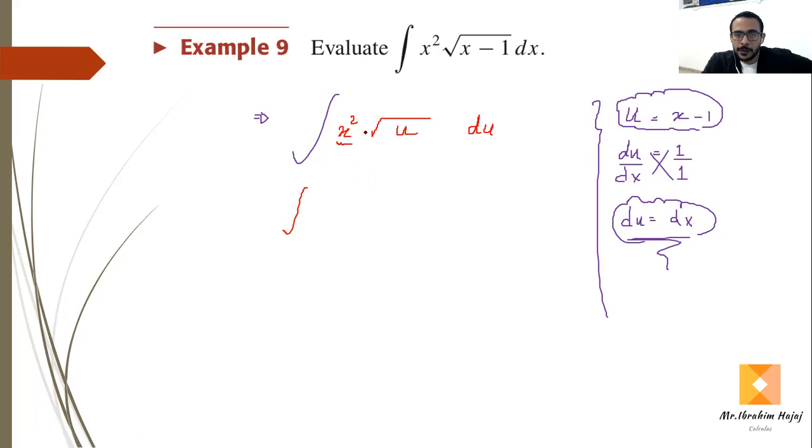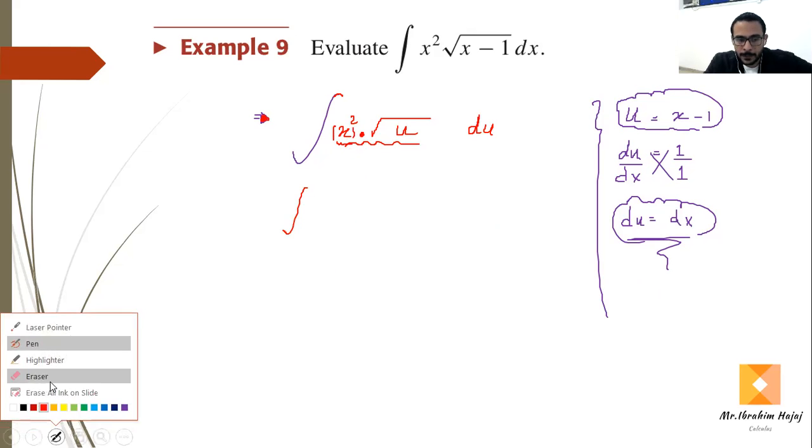Take care, guys. Since you still have a multiplication between two functions in the integrand, you have to search for a way to cancel out or convert this product. We put parentheses and squared, so we cancel out the power.